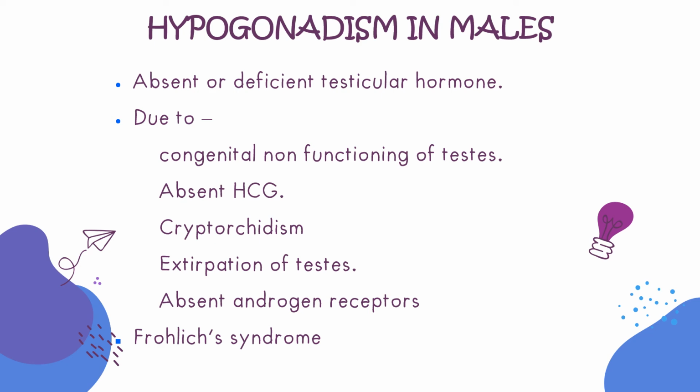Here the hypogonadism is often associated with abnormal stimulation of the feeding center. So the affected person overeats, and obesity occurs along with the eunuchoidism.